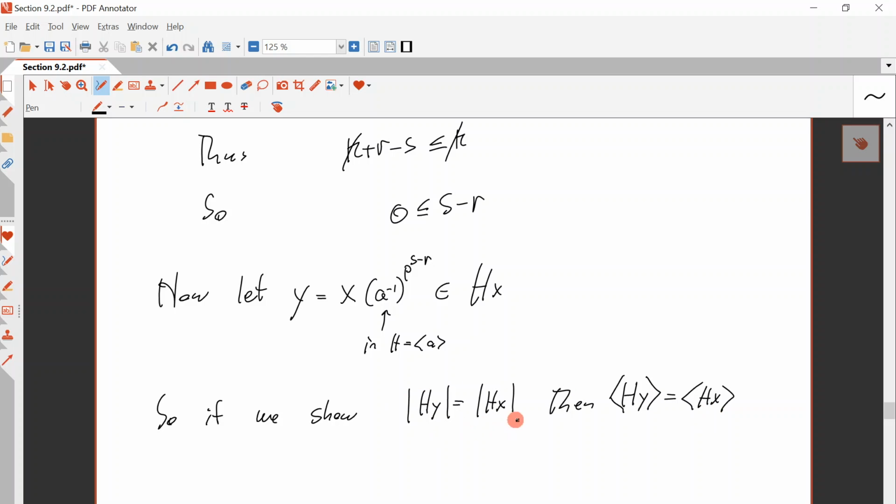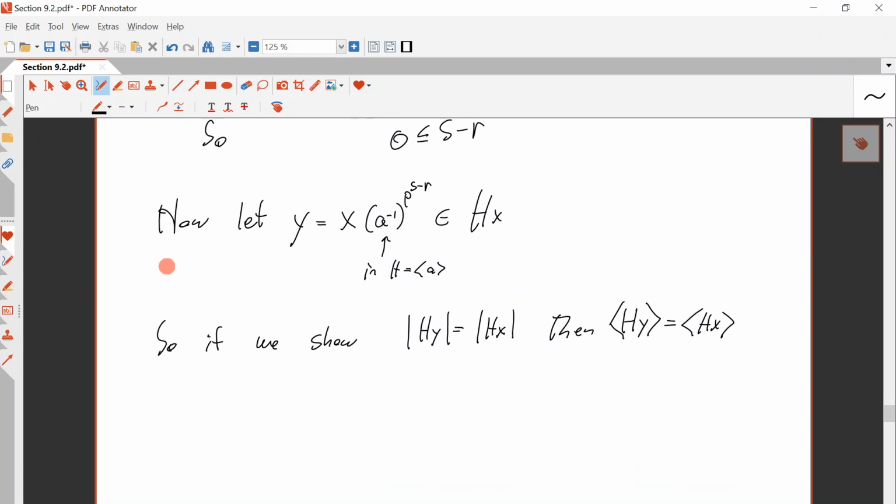But as long as the orders are the same, it's got to generate the whole thing. Right? So it's a cyclic subgroup of the same order as that cyclic subgroup. So it's got to be that cyclic subgroup. Right, so we want this to be true. And this was equal to what? It was p to the r, right?